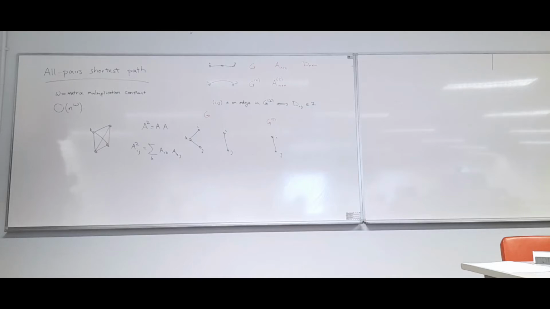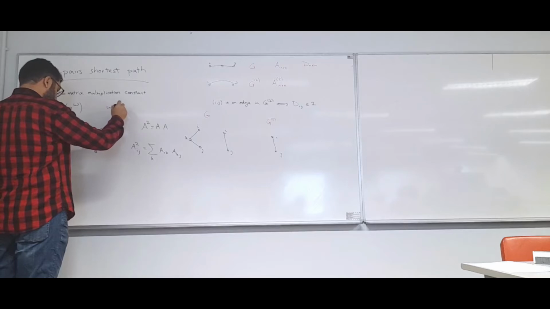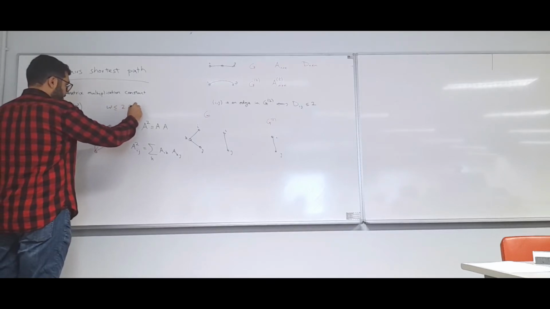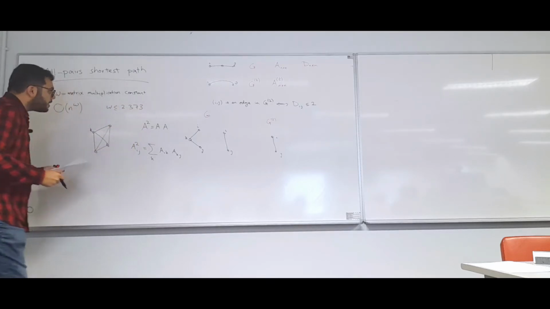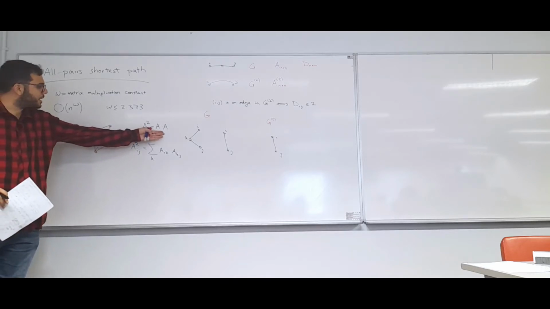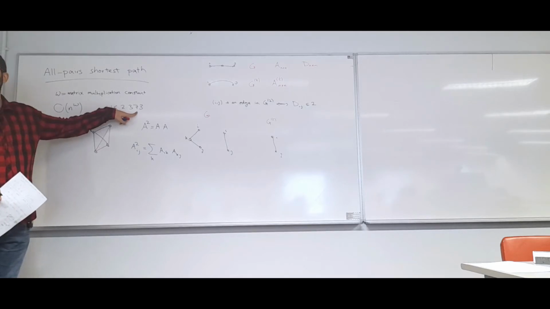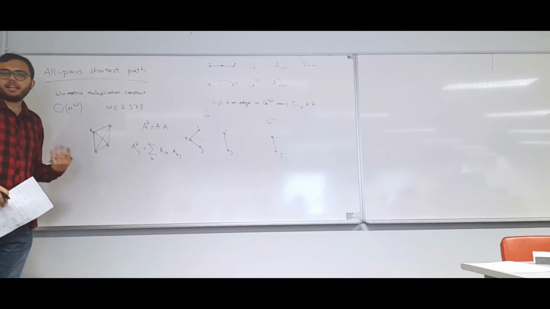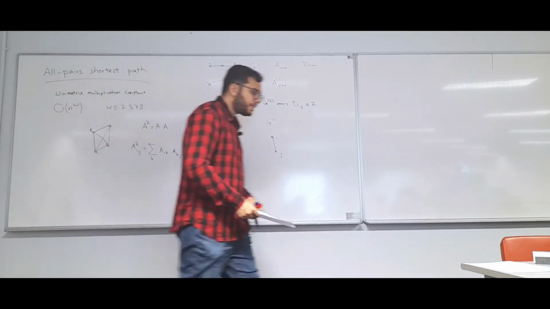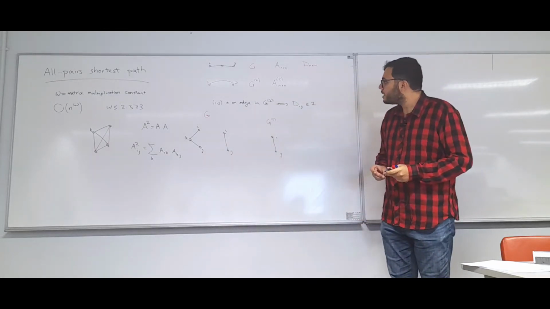And we don't know the exact value of omega, but we know that as of 2020, omega is at most 2.373. So someone has come up with an algorithm that would multiply two n by n matrices in n to the power of 2.373. Okay? And again, we don't need to know that algorithm. We don't need to implement it. We just use it.